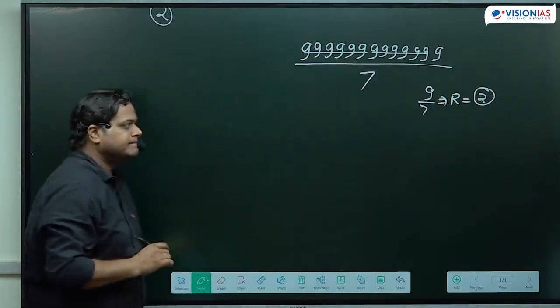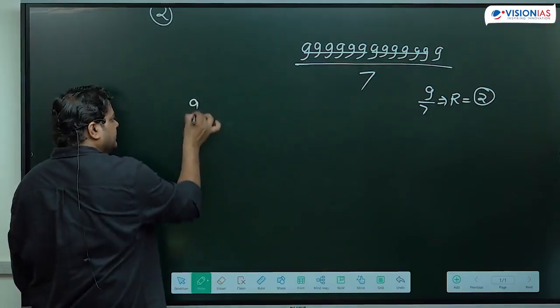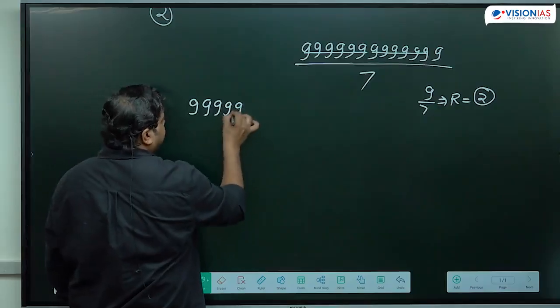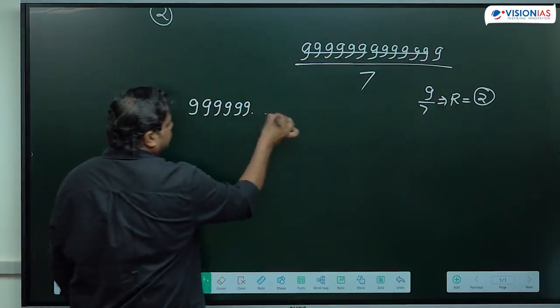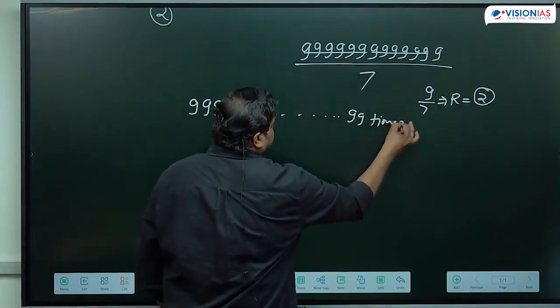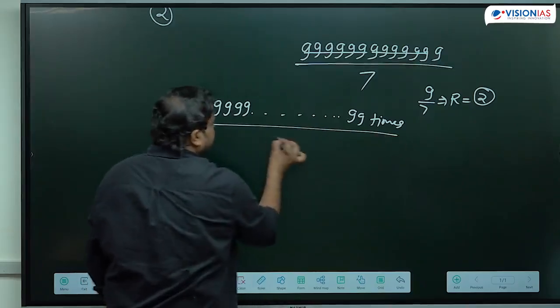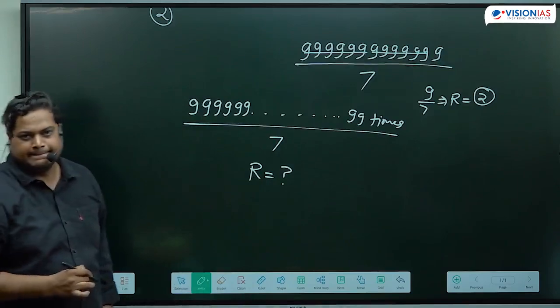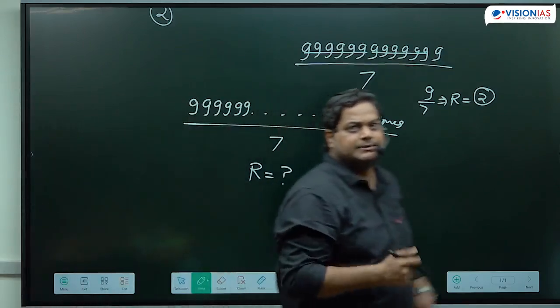Okay. Now if I write 9 9 9, 99 times, if I divide by 7, what will be the remainder? Same concept we are going to apply.